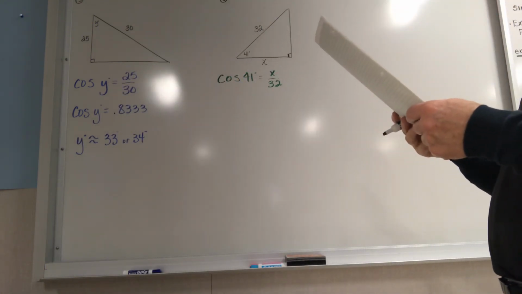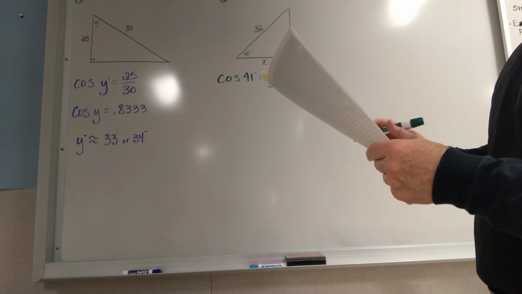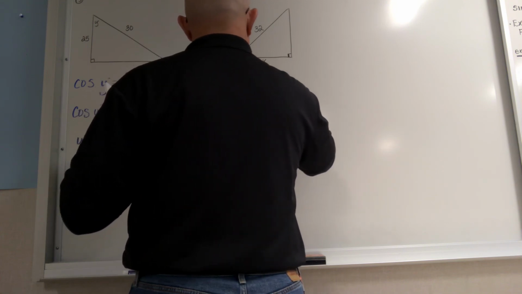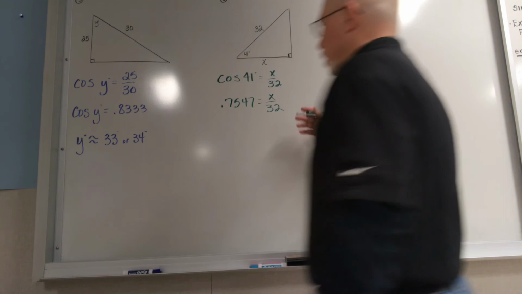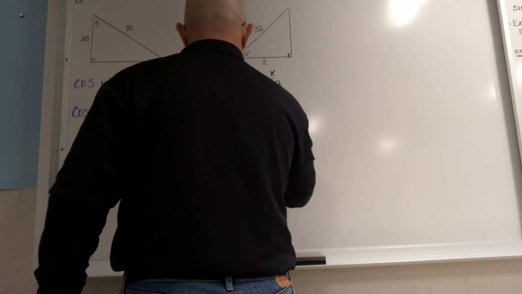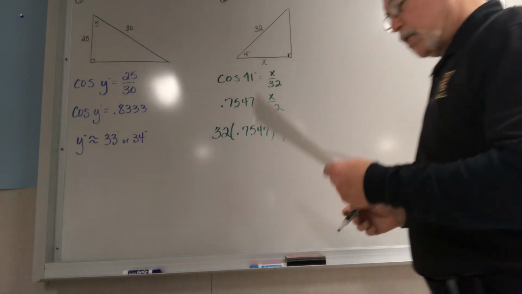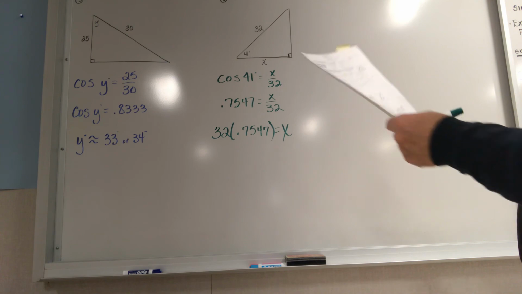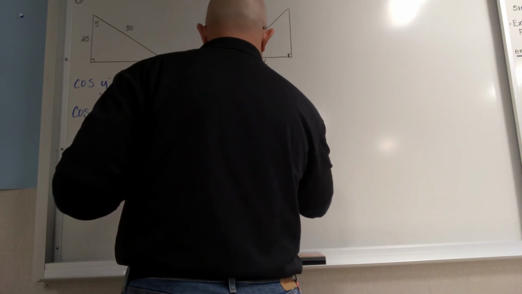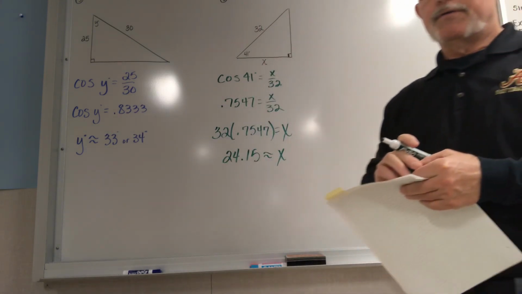Okay, so we are going to go to our chart, go down to 41 degrees, cut across to the cosine, okay, gives us that, multiply, calculator, for the love of God, use your calculator. Okay. There's that.